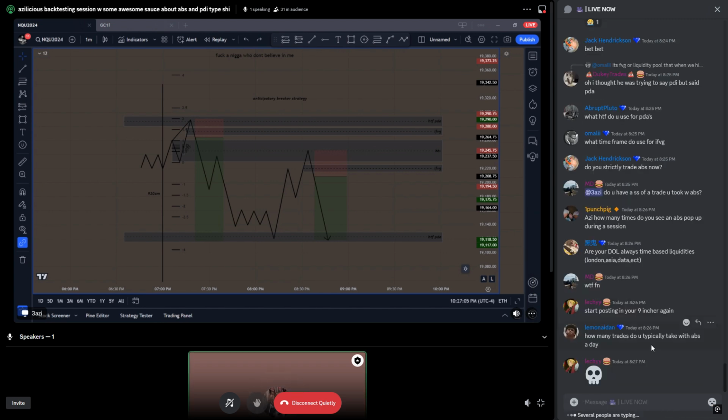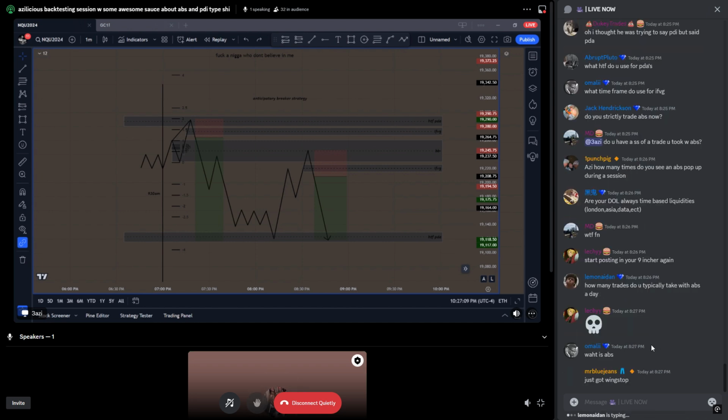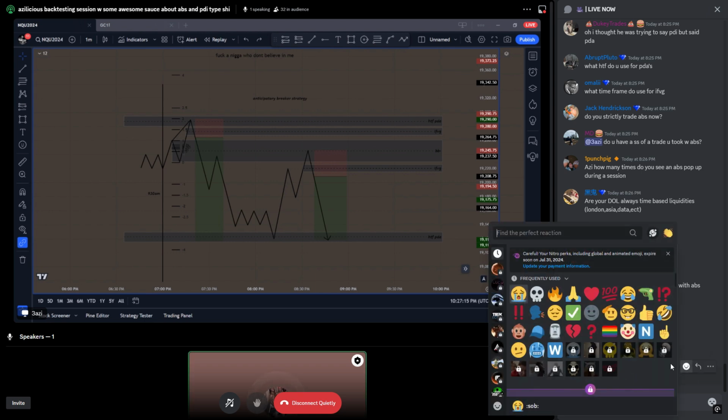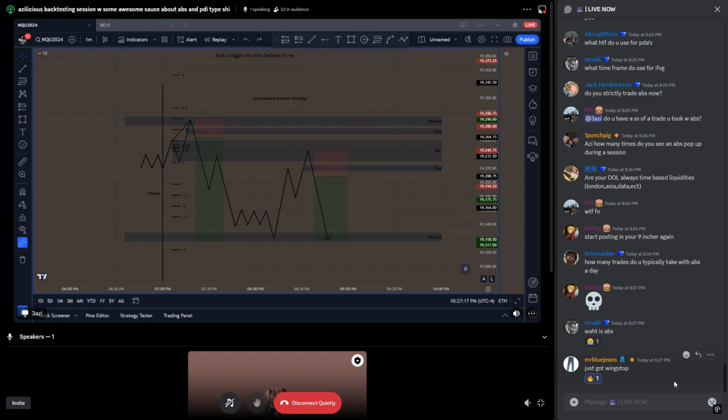Right, drawn liquidity or time-based liquidities? Equal highs, equal lows, pretty good as well. Imbalances, yeah, I mean, you could say that imbalances are price-based liquidity pools.